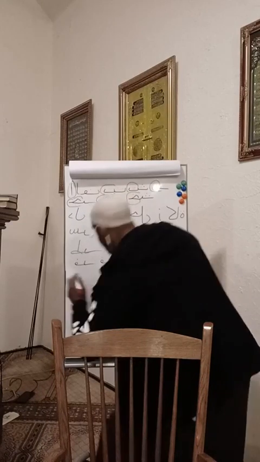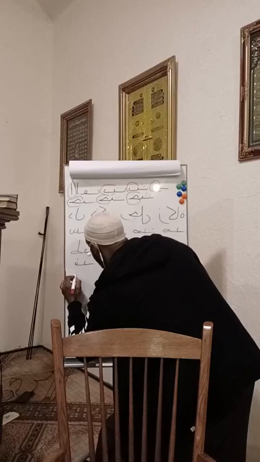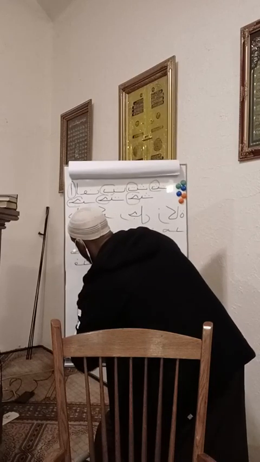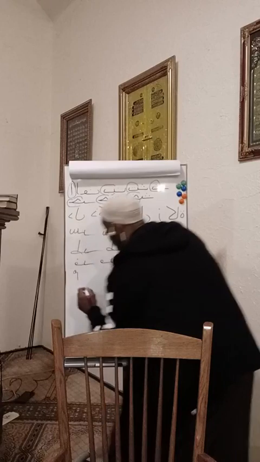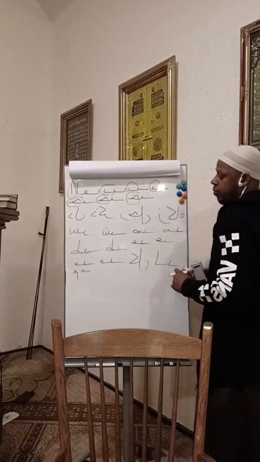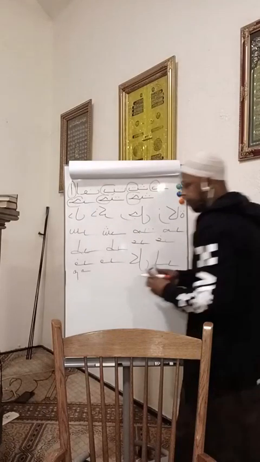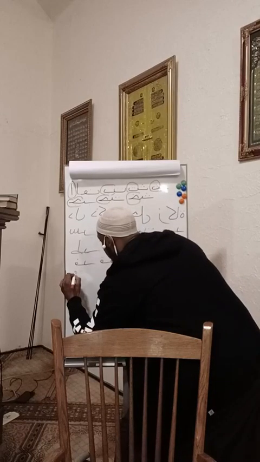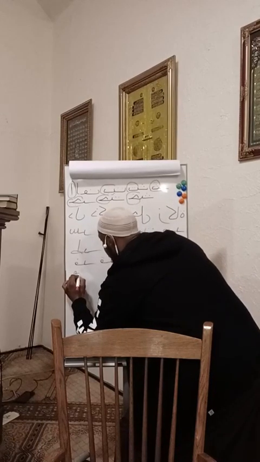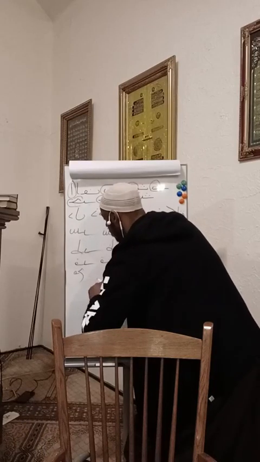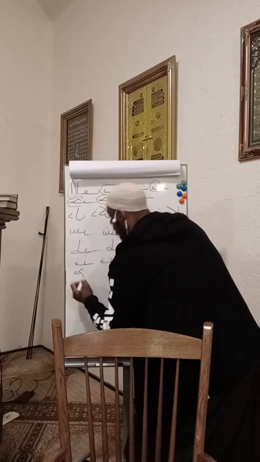Like for example, we say the name of our prophet, Muhammad, sallallahu alayhi wa sallam. You take the meem from here and bring that over, right? And then you would put whatever you want to put next to it. The meem can go to another letter.